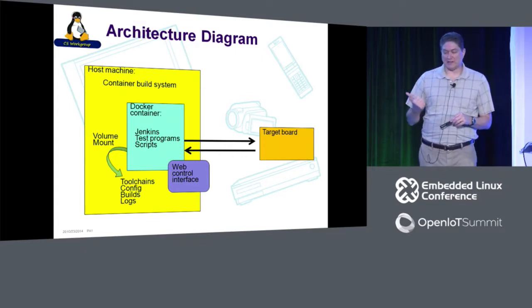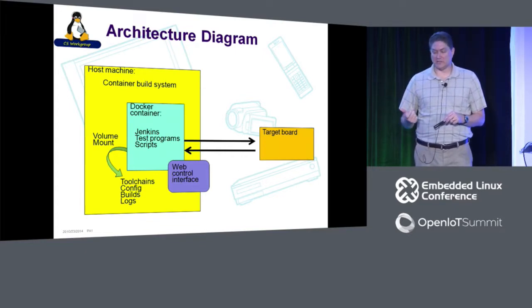Inside that Docker container, you have Jenkins, you have the test programs, and the scripts that are controlling all of it. One thing that's interesting to note is there's actually a volume mount out to the host file system where persistent data is kept. So you don't actually want to install a bunch of tool chains inside your container. Well, it looks like they're in your container, but they're actually on the host file system.